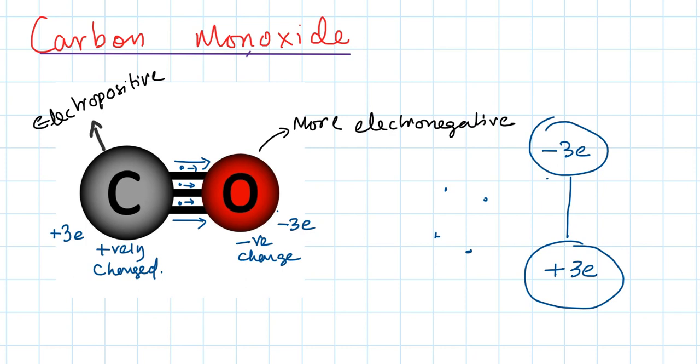And according to the National Institute of Standards and Technology, US, the dipole length, which is the separation between the two centers of charge, is around 112.8 picometer, where pico is a suffix used to denote 10 raised to -12.